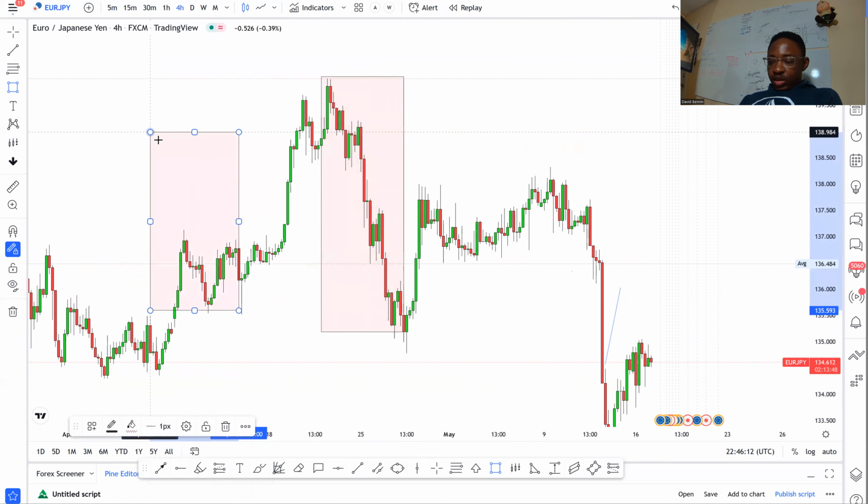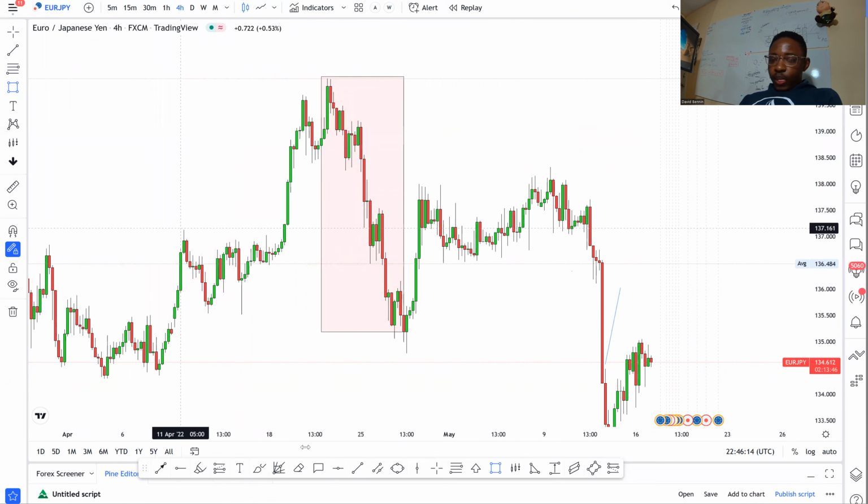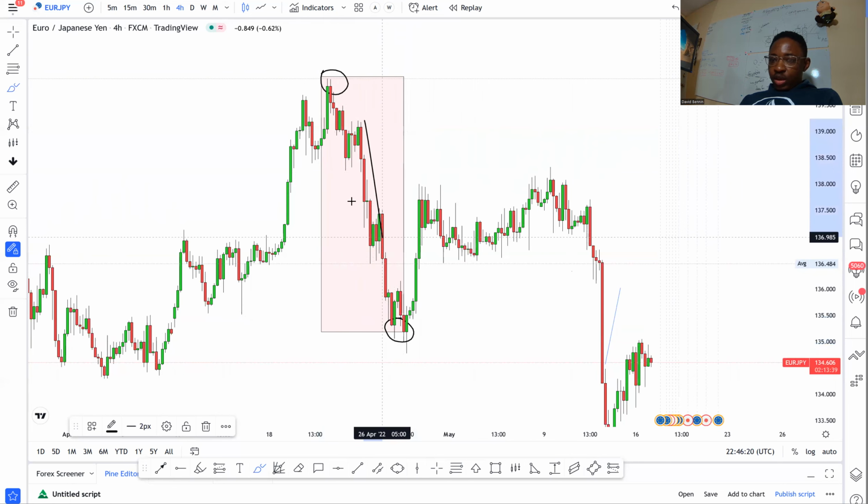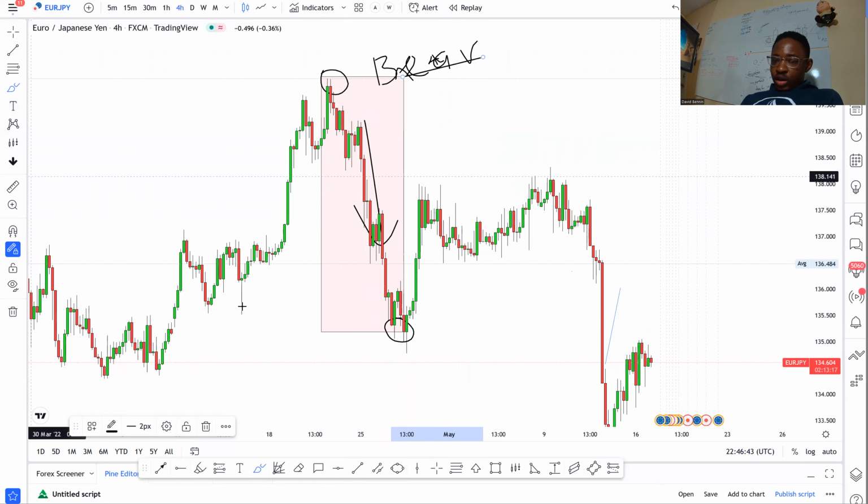The market was here and it came down here. So what did it do? It came down. So it means the red team, the bear team, was in control.